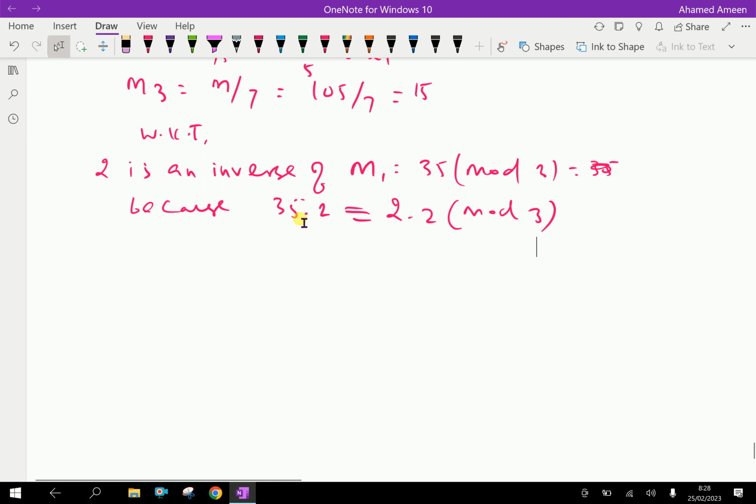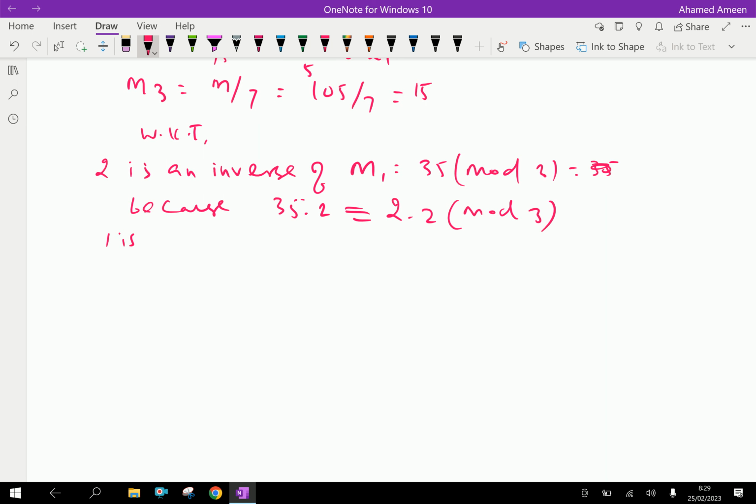Here 35 times 2 is 70, and 70 divided by 3 leaves remainder 1, so it's an inverse. Equivalently, 35 divided by 3 leaves remainder 2, and 2 times 2 is 4, which divided by 3 leaves remainder 1, so it's an inverse modulo 3.